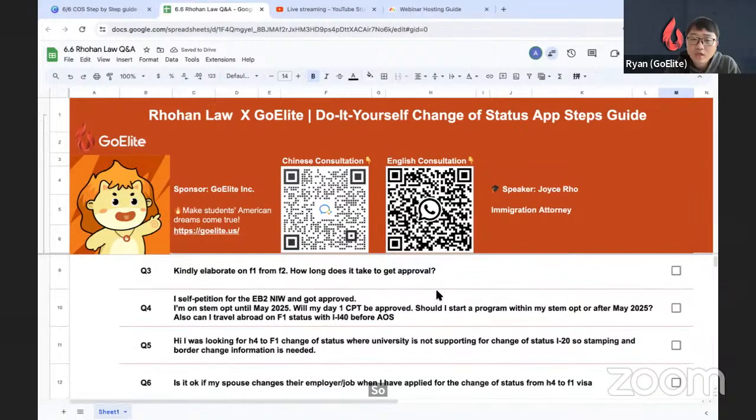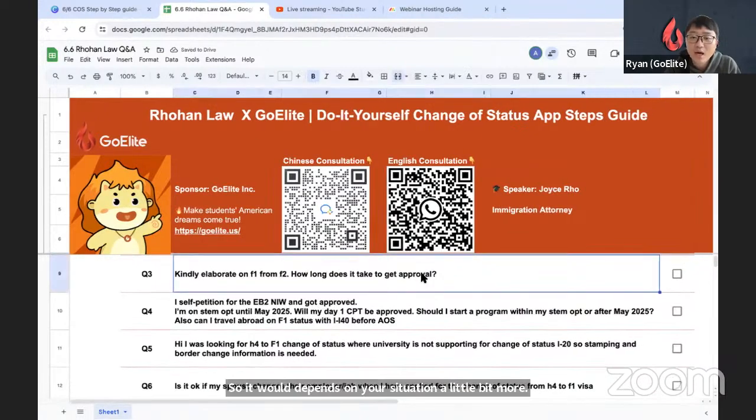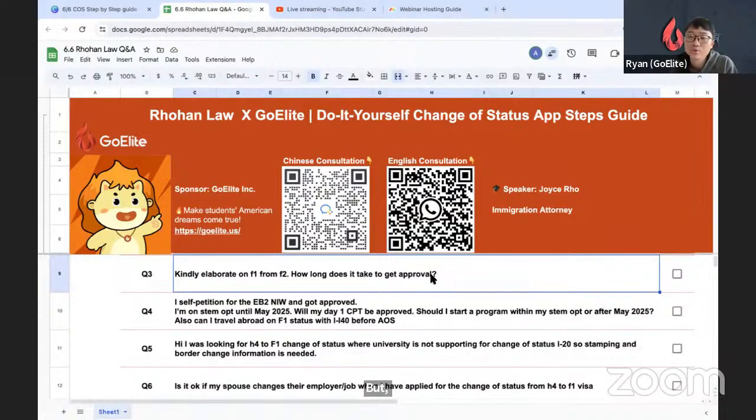Moving on, I think we touched on F2 and F1, so I highly encourage you to review the separate slides that Joyce had on F2 to F1. But Joyce, kindly share the timeline for F2 to F1, or in general for change of status to get approved.